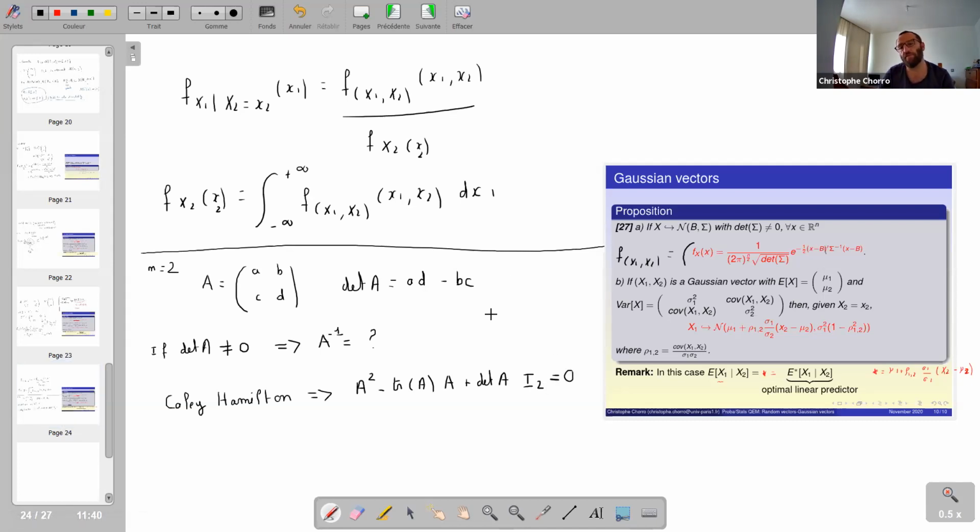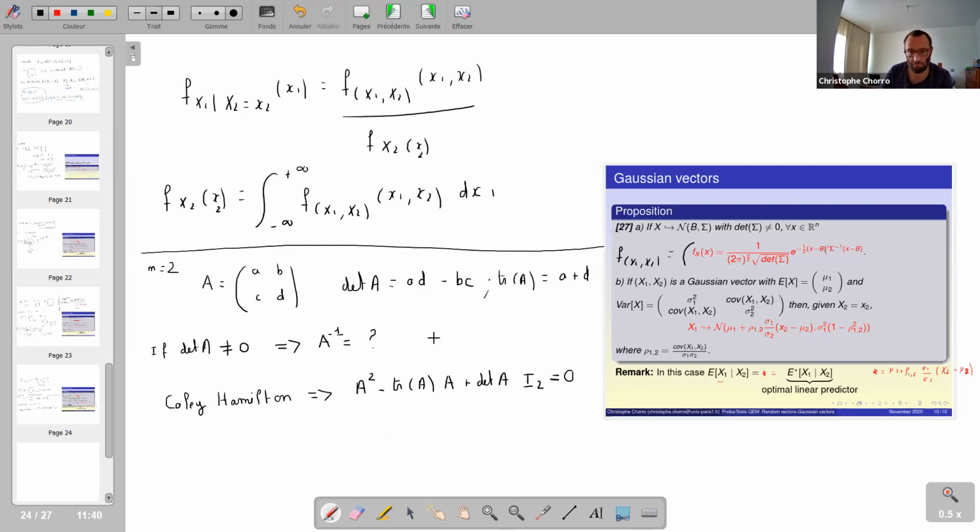It's a classical result of linear algebra, but in the case n equal to 2, it is sufficient to compute this term and see that at the end you obtain 0. I remind you that the trace of A is a plus d, the sum of the terms on the diagonal.